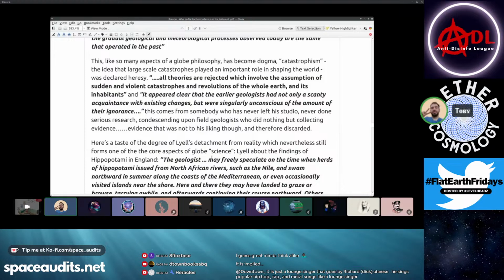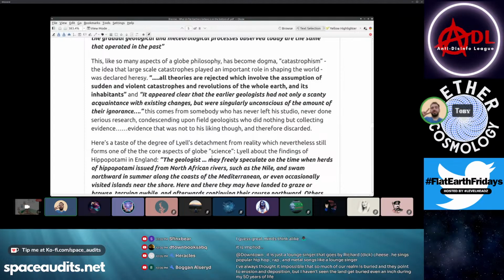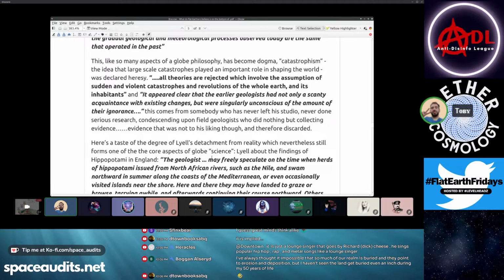And it appeared clear that the earlier geologists had not only a scanty acquaintance with existing changes, but were singularly unconscious of the amount of their ignorance. This comes from somebody who has never left his studio, never done serious research, condescending upon field geologists who did nothing but collecting evidence. Evidence that was not to his liking, though, and therefore discarded.